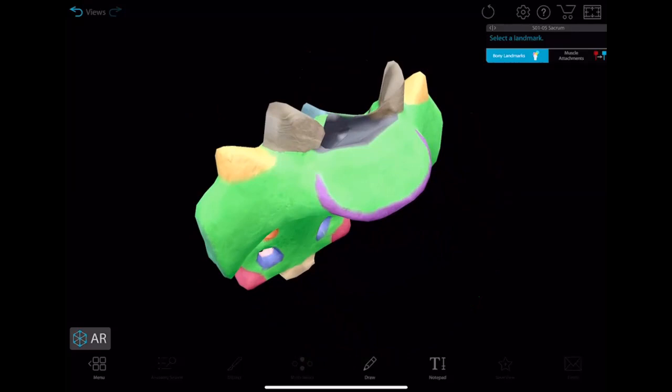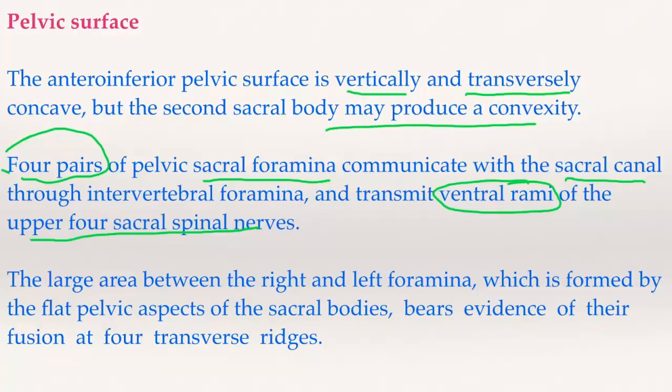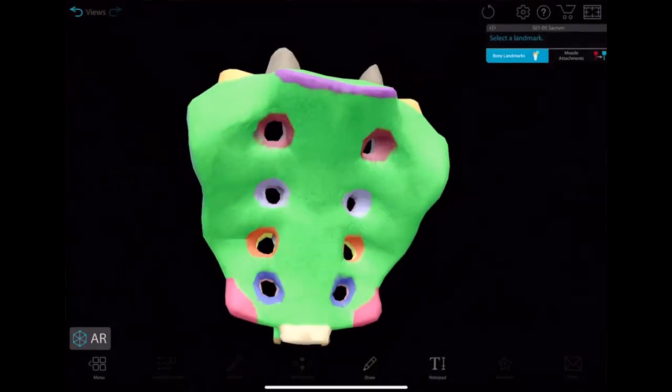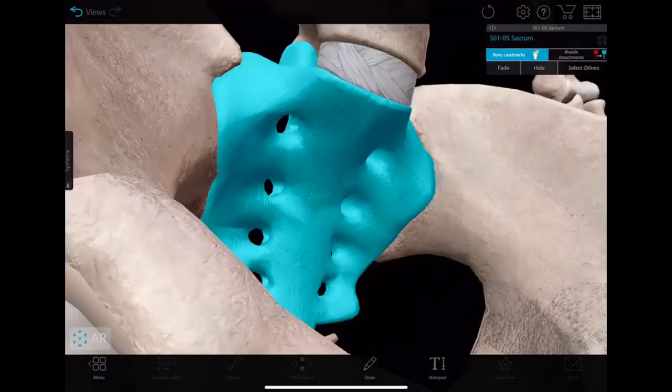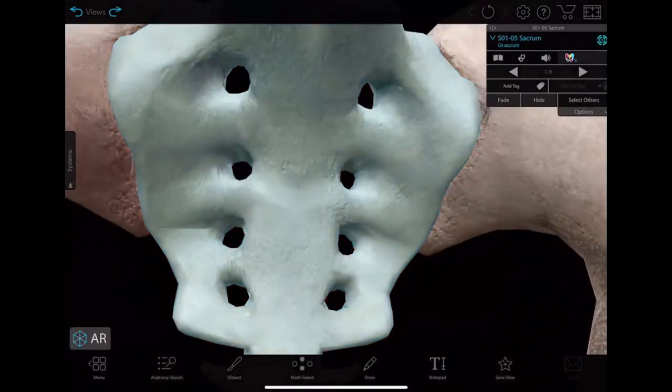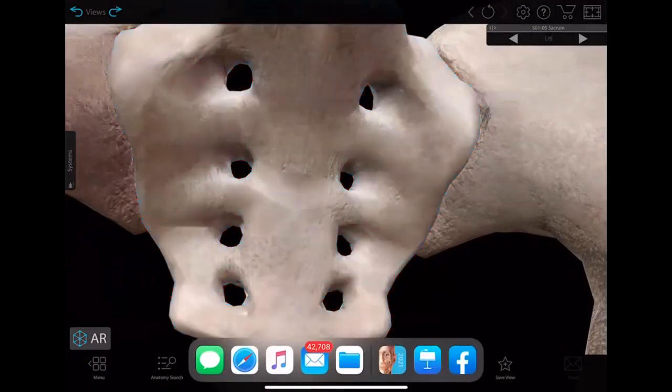So S1 to S4, the upper four sacral spinal nerves. The large area between the right and left foramina, which is formed by the flat pelvic aspects of the sacral bodies, bears evidence of their fusion at the four transverse ridges. There will be transverse ridges, right? So there are ridges between the sacral foramina.